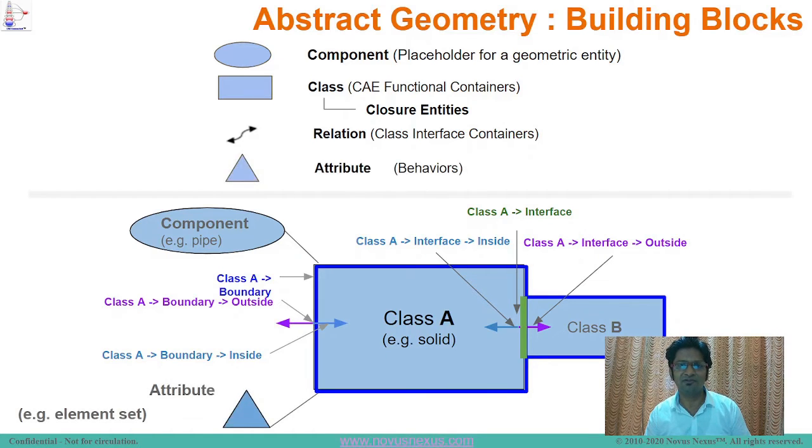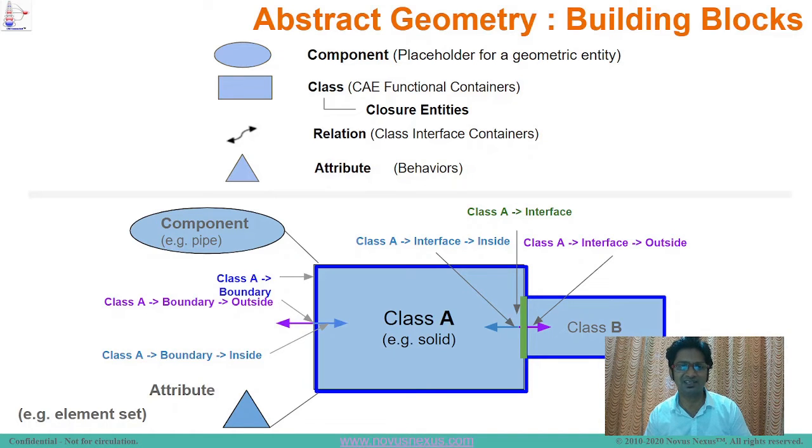The fourth building block is the attribute, which is actually a behavior which we use to attach on simulation classes. For example, the element set attribute, we just specify it on the solid simulation class. So please note that the behavior of the attribute, we are specifying it on the classes and not on the components.